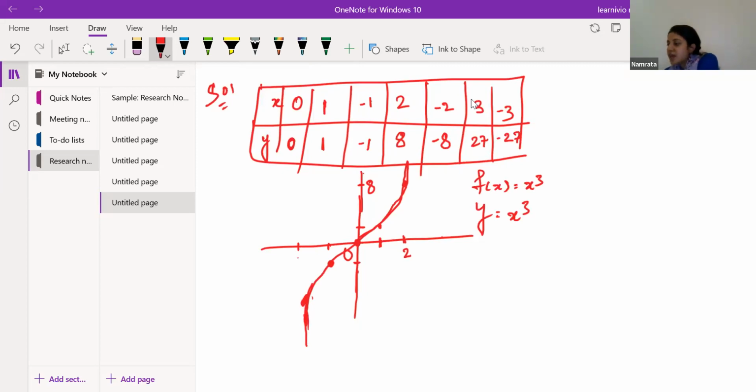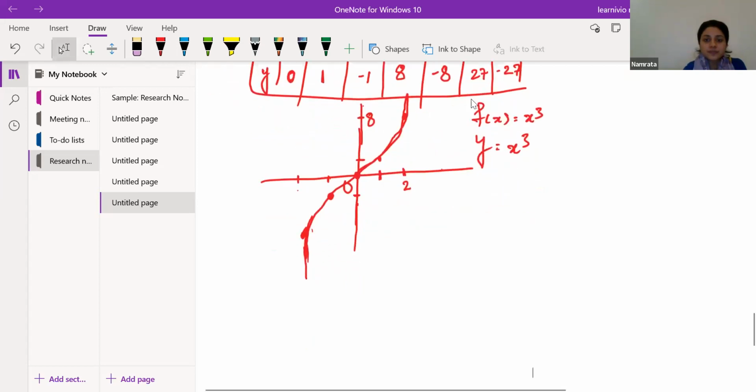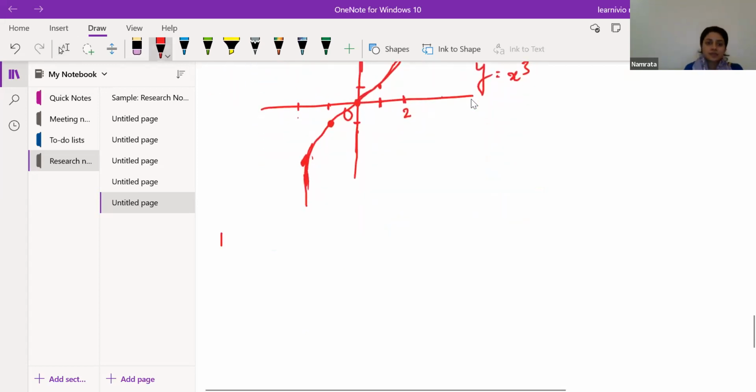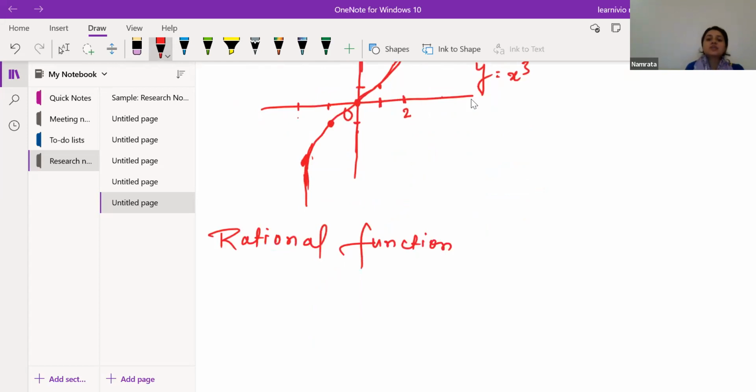Now after this, we have a rational function. What do we understand by a rational number?